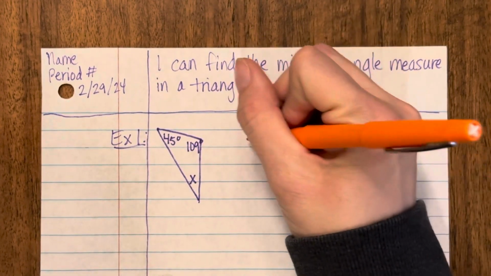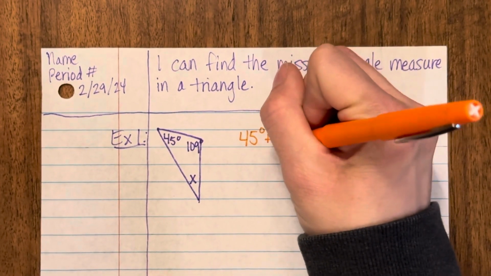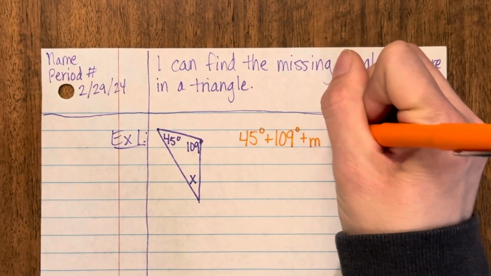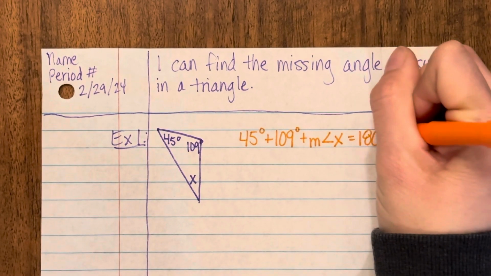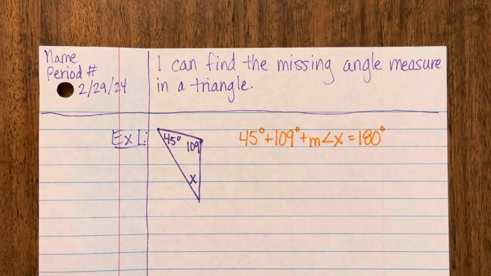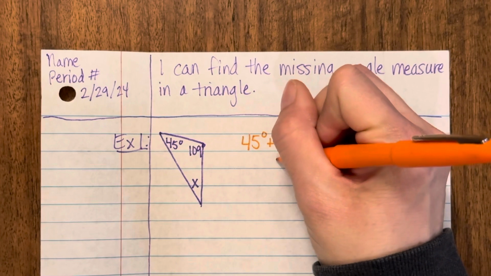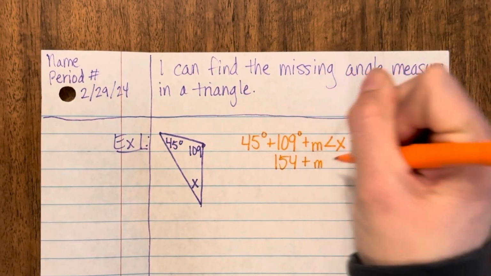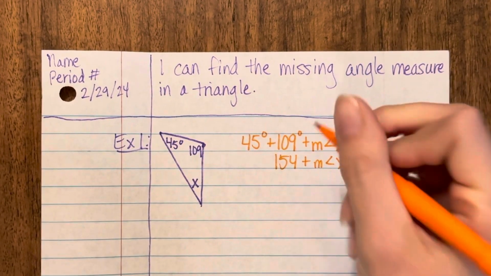We have 45 degrees plus 109 degrees plus the measure of angle X is equal to 180, okay? You guys, it's an equation. We're just going to solve an equation. So let's go ahead and simplify this. This is going to be 154 plus the measure of angle X is equal to 180 degrees.